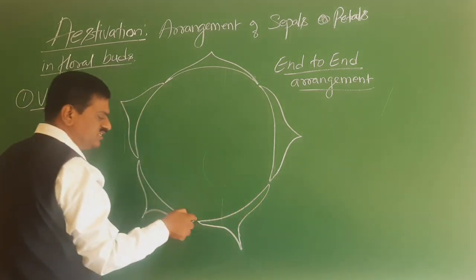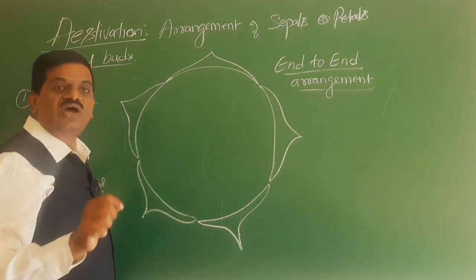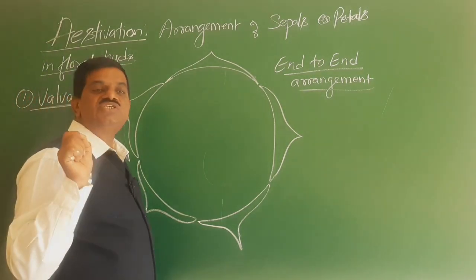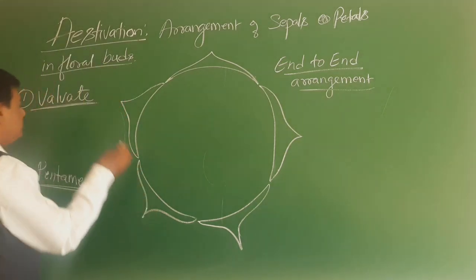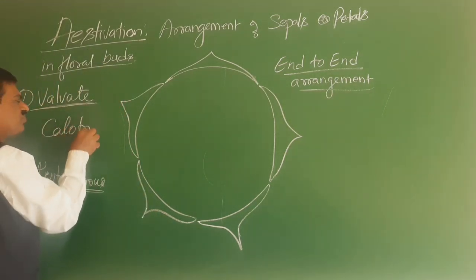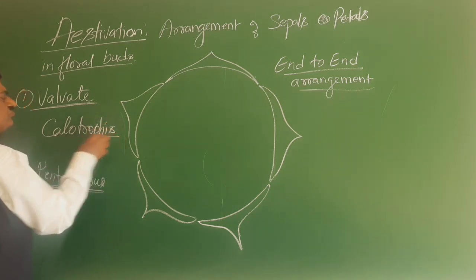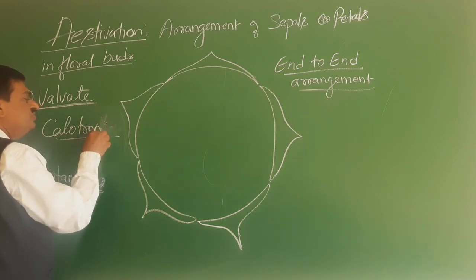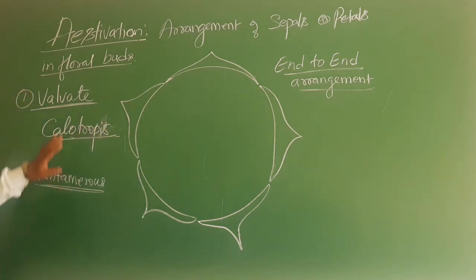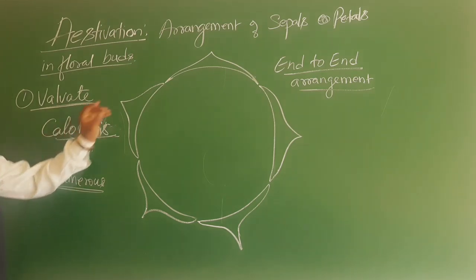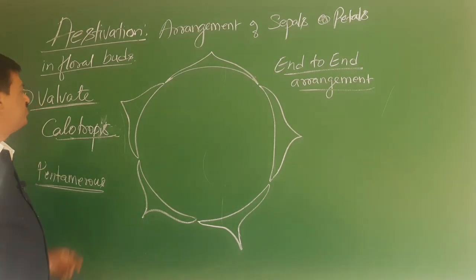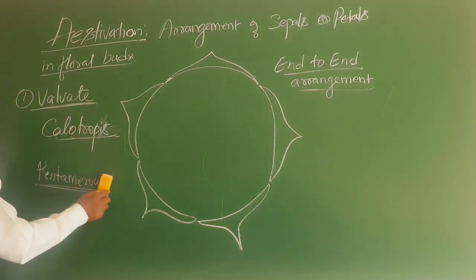Like this, end to end arrangement, or one after the other, is called valvate estivation, and it can be noticed in Calotropis. So I'll repeat this. End to end arrangement, one touching the other, is called valvate estivation. The example is Calotropis.